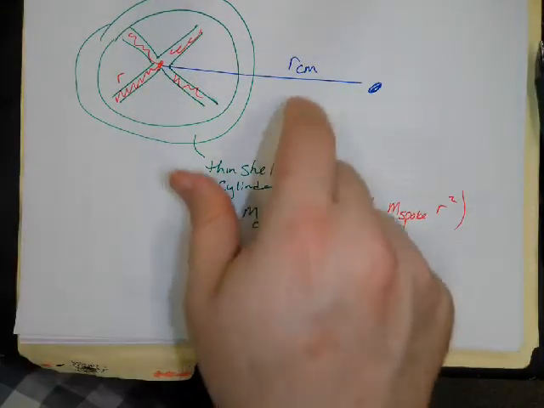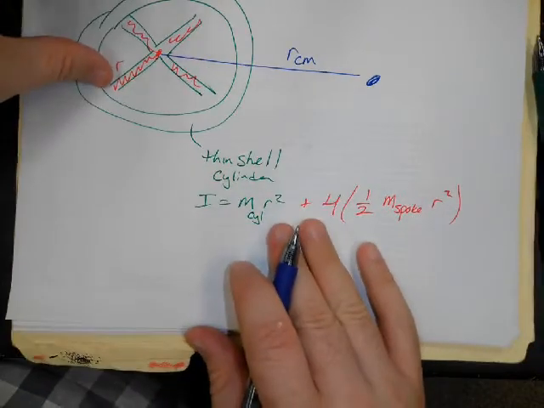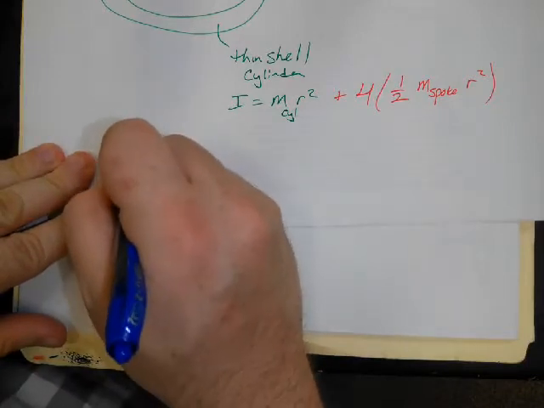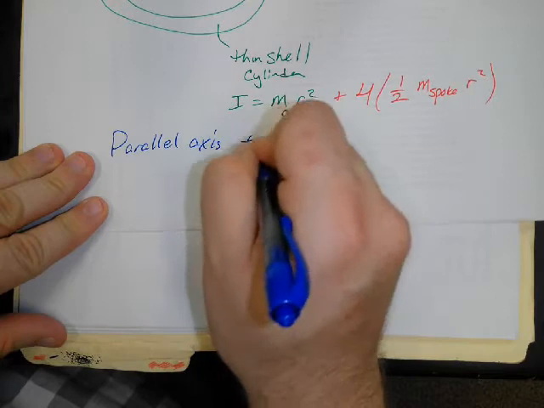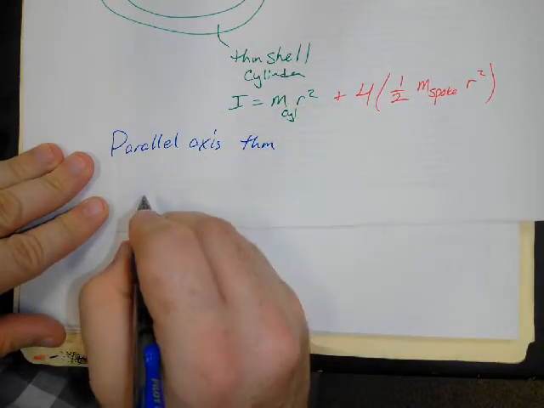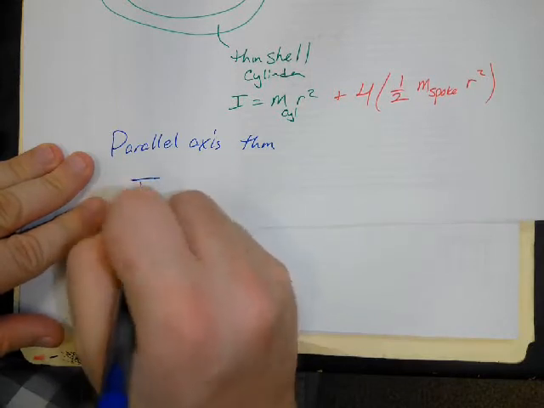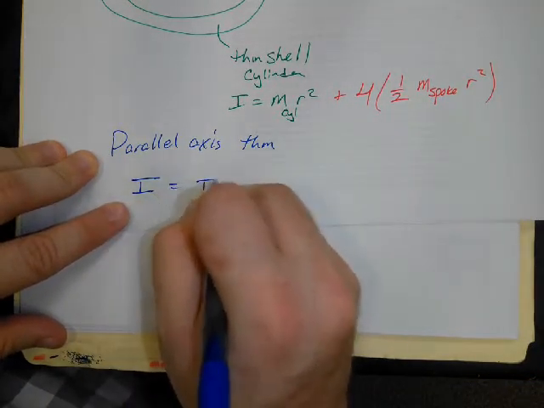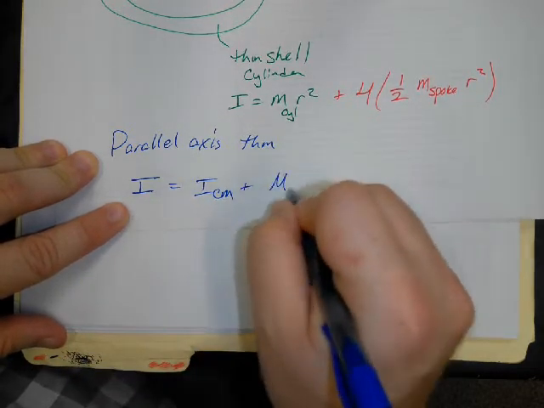Well, what we can do is take, this is what's called the parallel axis theorem, that any moment of inertia can be shifted. So you can add on.